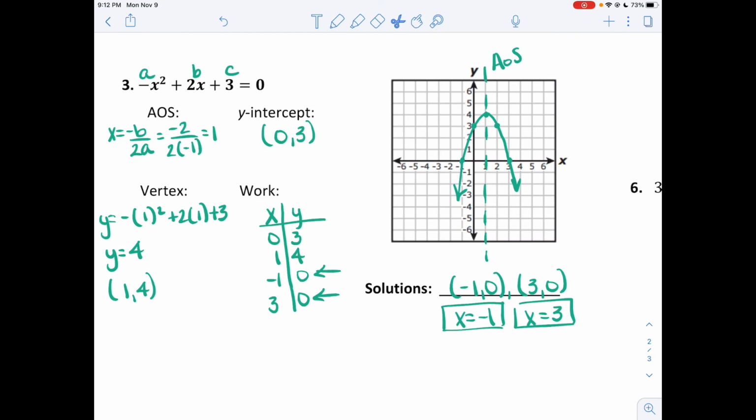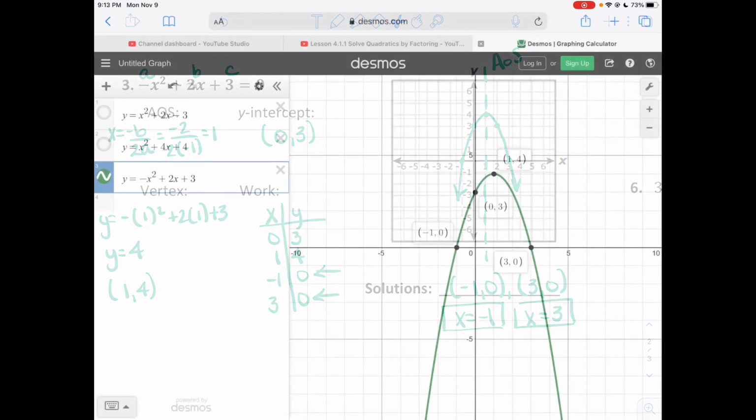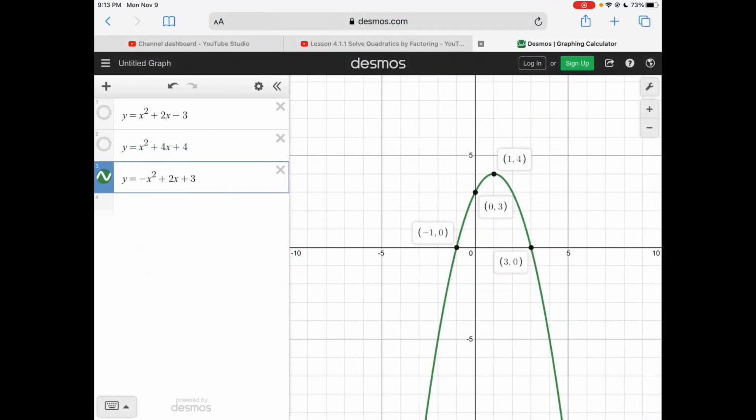Then I want to go ahead and jump over to Desmos and see where my x-intercepts are. Let's take a look. All right, so Desmos is going to help you confirm that your vertex is at 1, 4, your y-intercept is at 0, 3, and then we can get our x-intercept values at -1, 0 and at 3, 0.